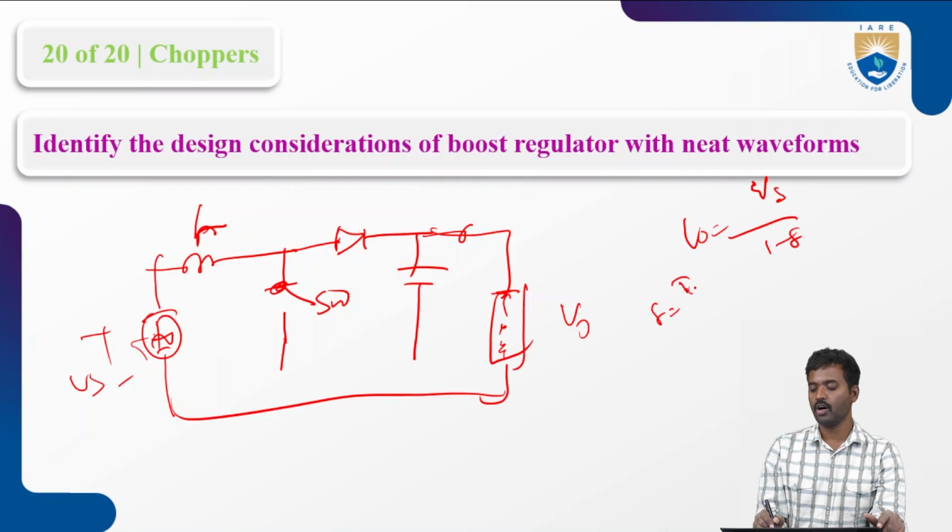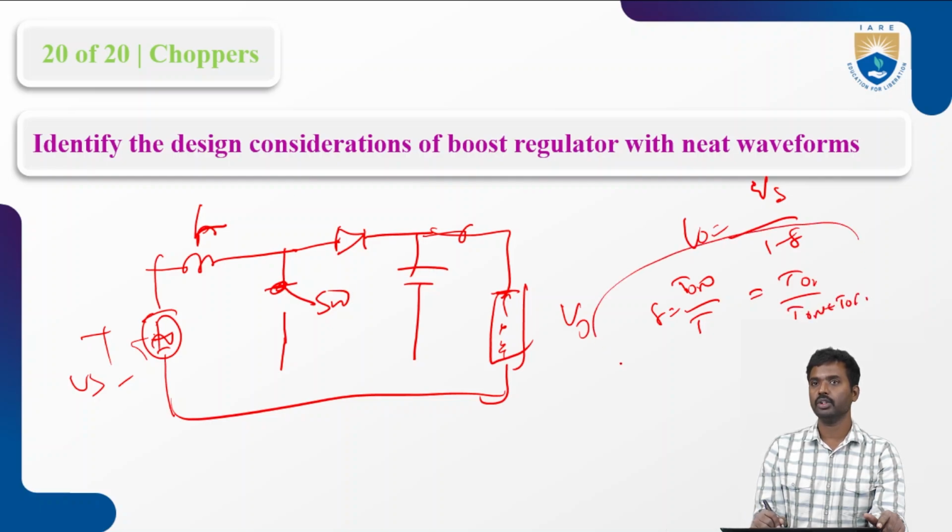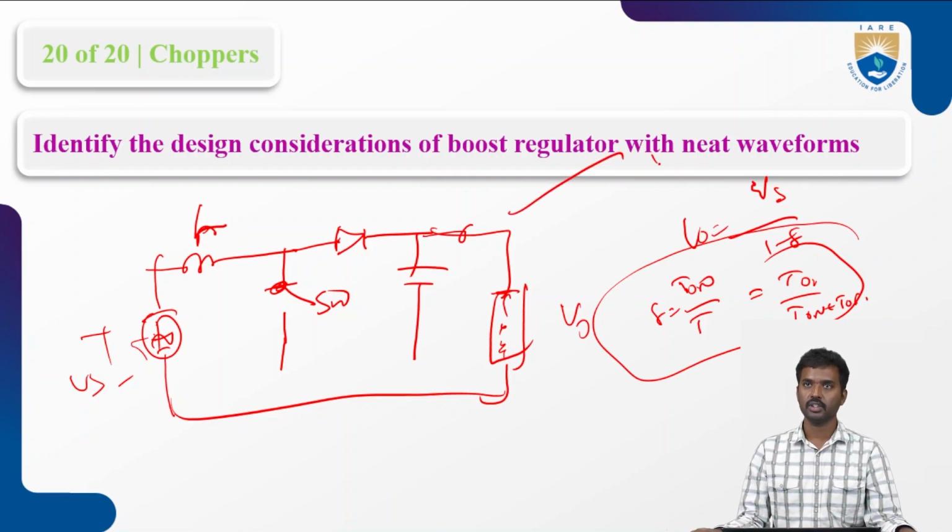Delta means T on by T, that is T on by T on plus T off. So this is the diagram for design considerations.